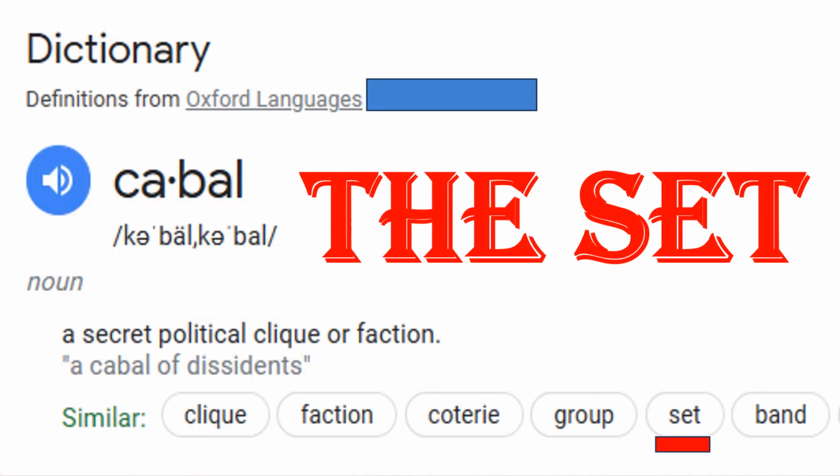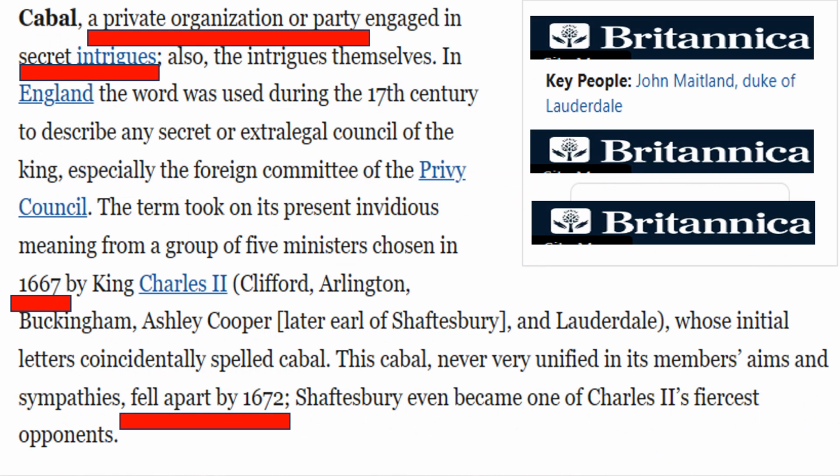Now we get to the basic definition of CABAL. Now, interestingly, and probably no surprise, CABAL is tied to the word set. And so you see down below where you see the similarities, the synonyms, and you see set. And so the CABAL is the set. Britannica goes on to indicate that a cabal is a private organization or party engaged in secret intrigues and also the intrigues themselves.